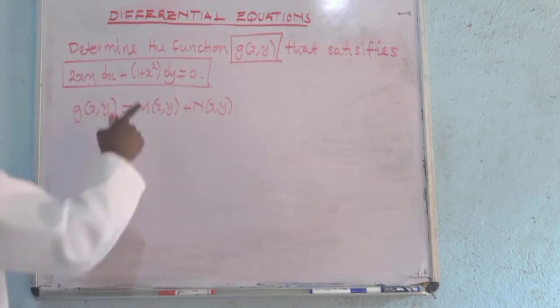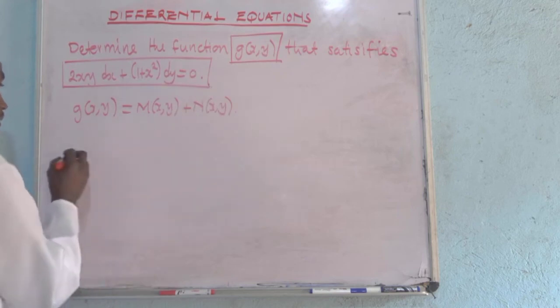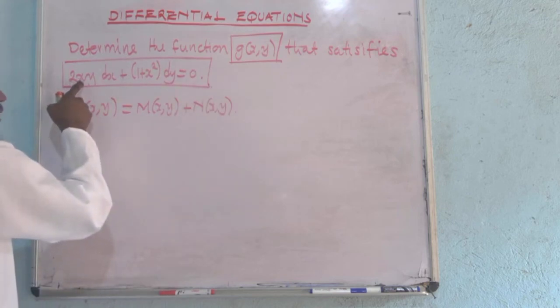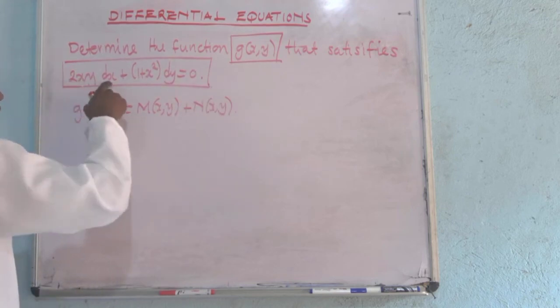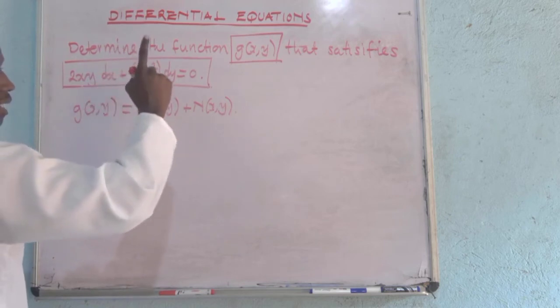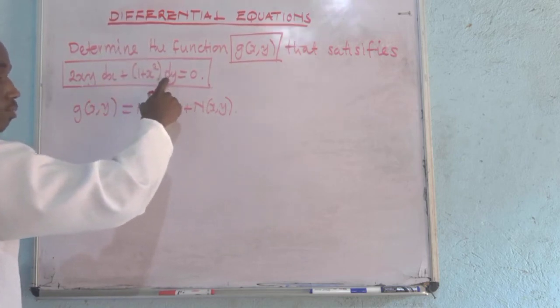So therefore, in order for us to find g, first of all you need to integrate this one with respect to x, and then also integrate this one with respect to y.